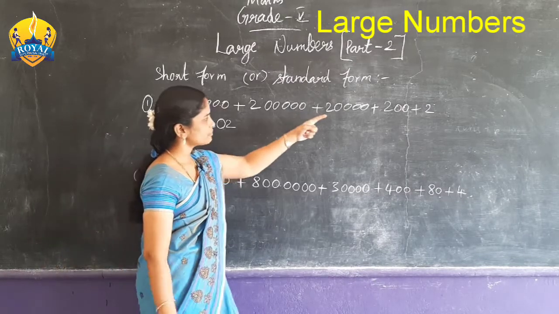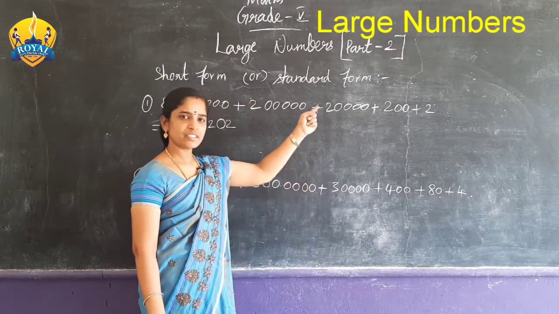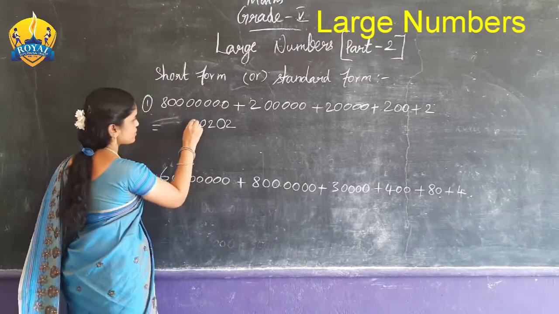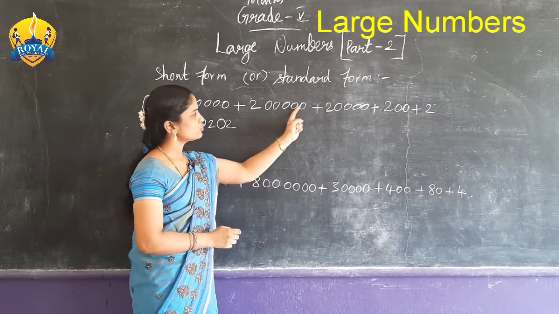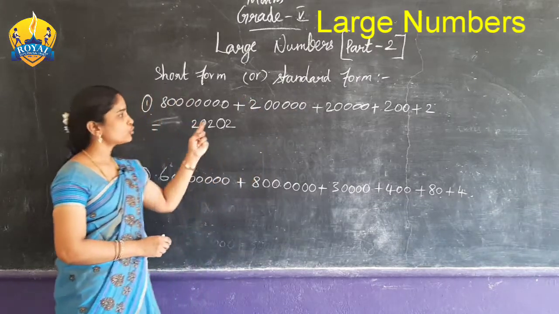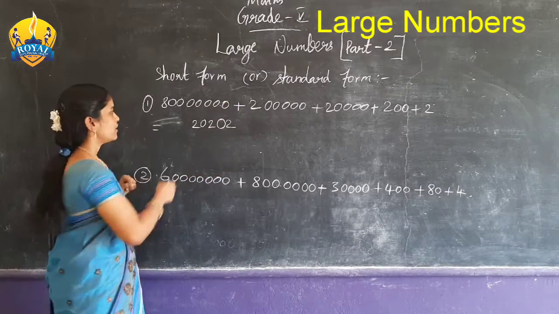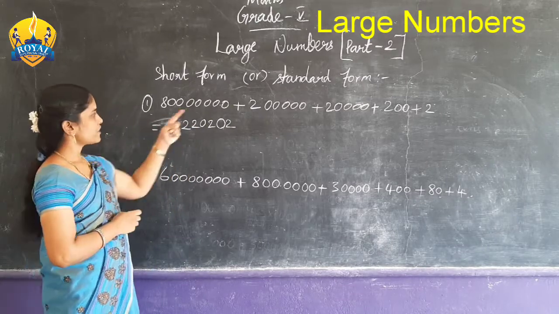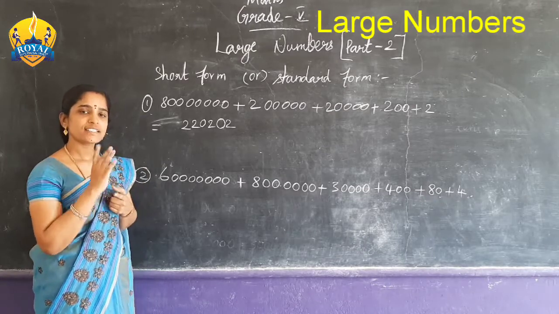The next one, here 10,000. What is the number in the 10,000 place? Yes, 2 10,000, so the answer is 2. Next one, here 2 lakh. What is the number in the lakh place? 2, so we write 2. The next one, 10 lakh means 6 zeros.